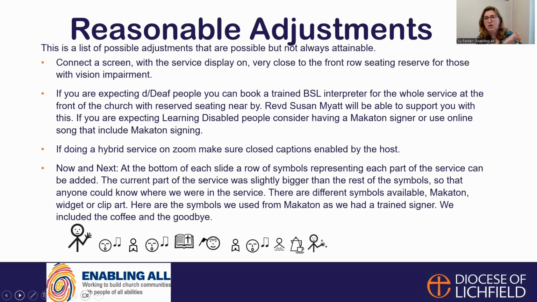It was a screen that showed the PowerPoint that was on the higher screen that people may not have been able to see. We booked a trained BSL interpreter for the whole service, and we also had another set of seating near the front, in front of the BSL interpreter, to be able to see the signing that was being interpreted. And we organised that through the Reverend Susan Myatt.